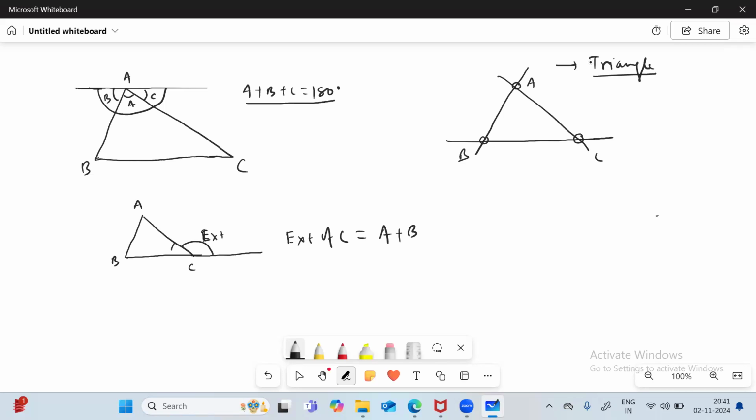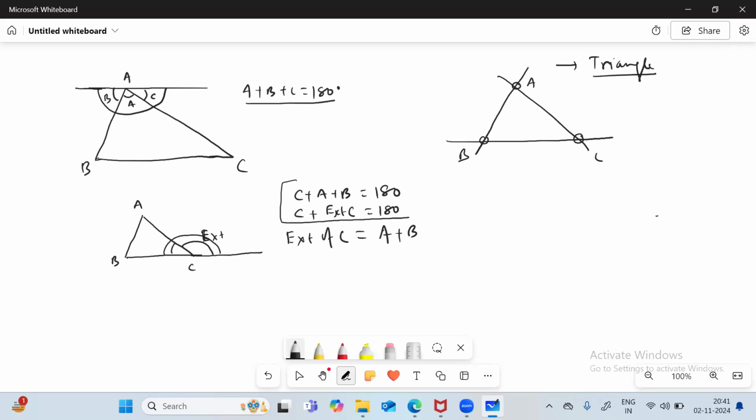Because I know that C plus A plus B is equal to 180. And I also know that C plus external of C, these two angles, will also be 180.